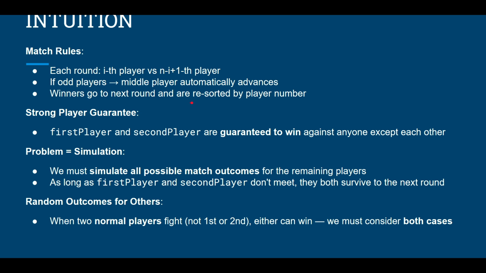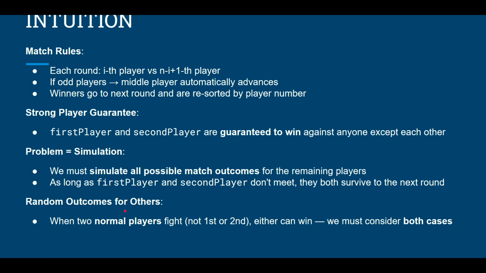Then we sort again by player and repeat. The strongest players, first and second, are guaranteed to win against any other player except each other. So in the simulation we must consider all possible match outcomes for the remaining players, and as long as the first and second players don't meet, they both survive to the next rounds.